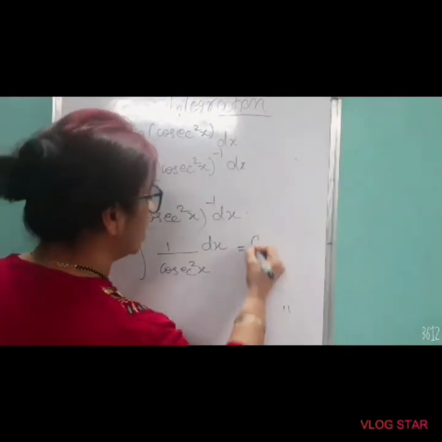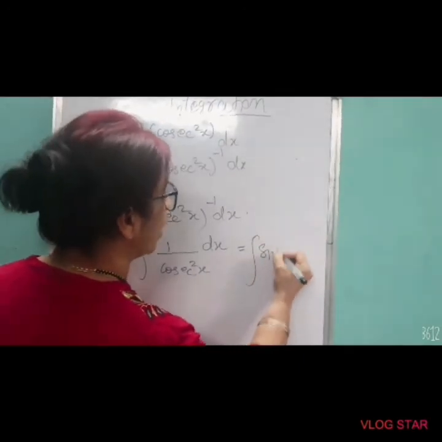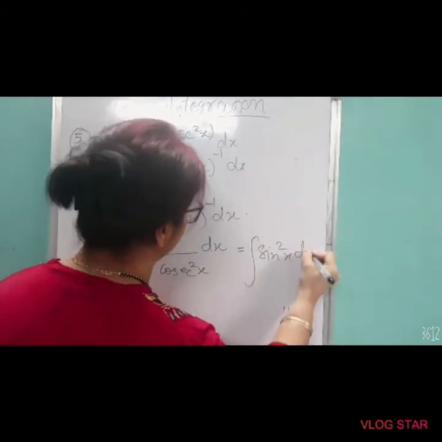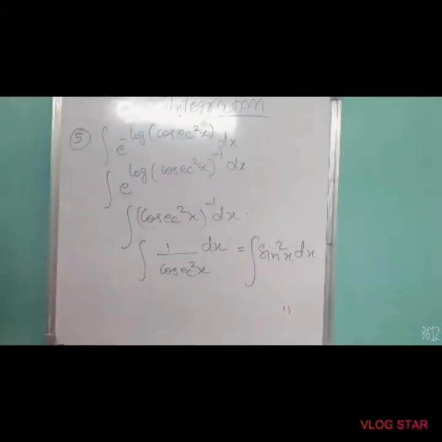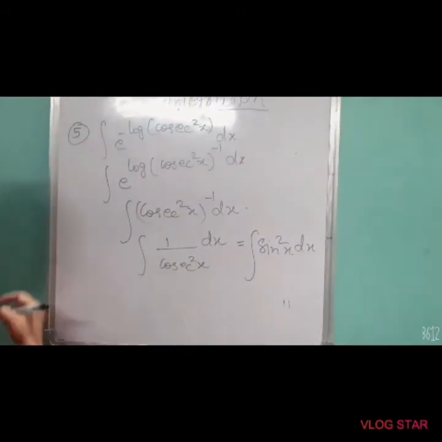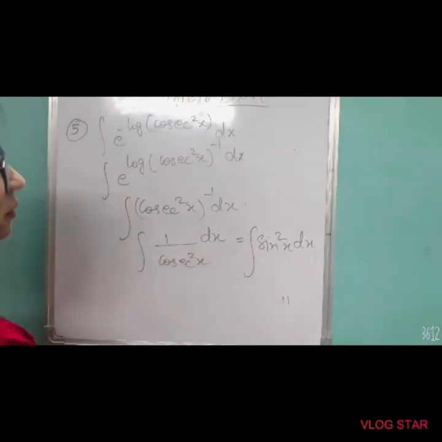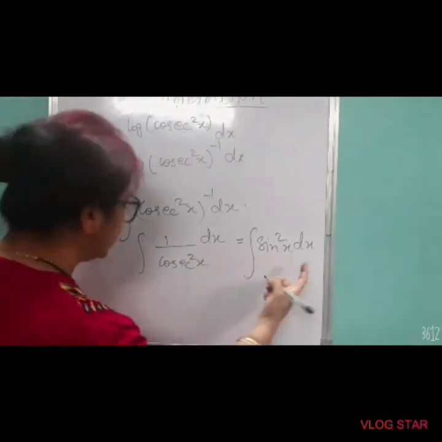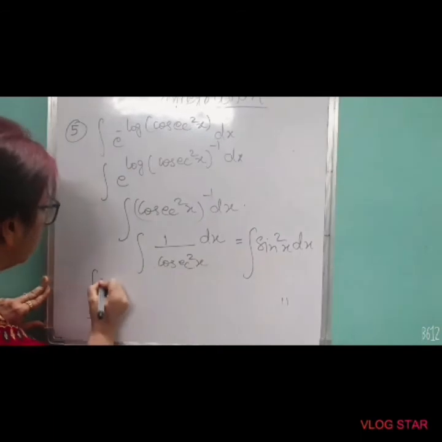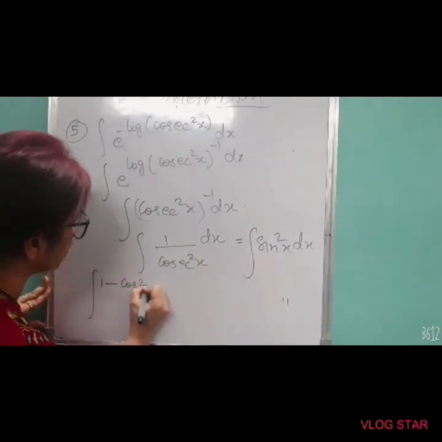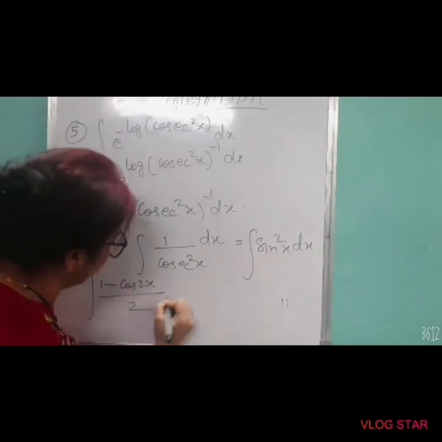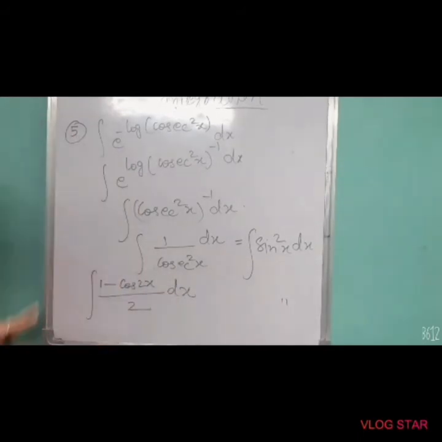It is equal to sine square x into dx. But you don't know about the integration of sine square x. So what will we do? We will use again the trigonometric formulas. Sine square x is equal to (1 minus cos 2x) by 2 into dx.